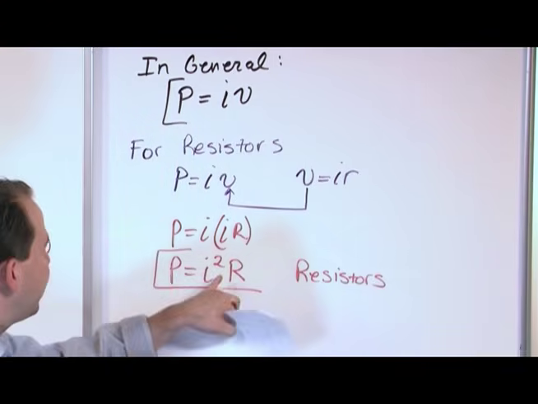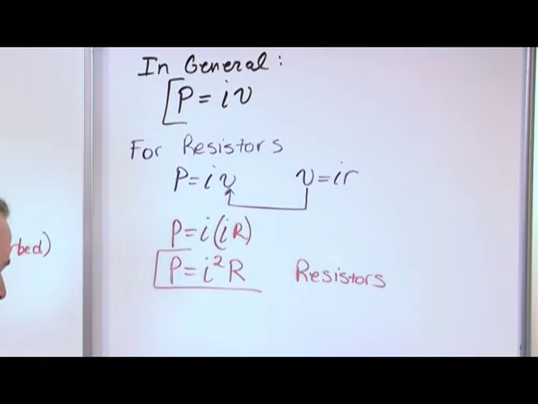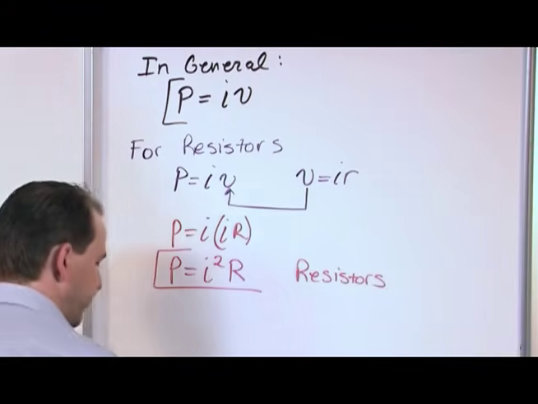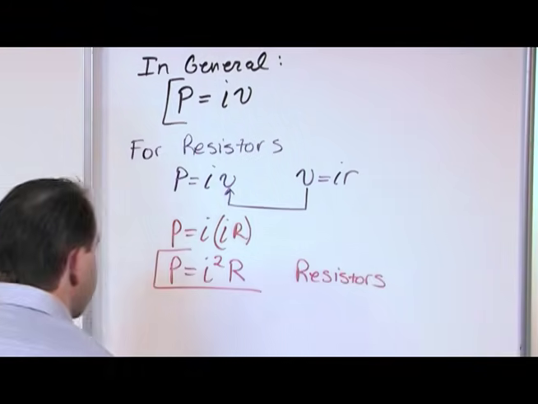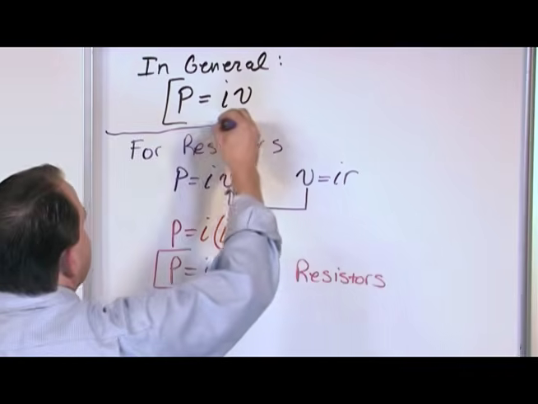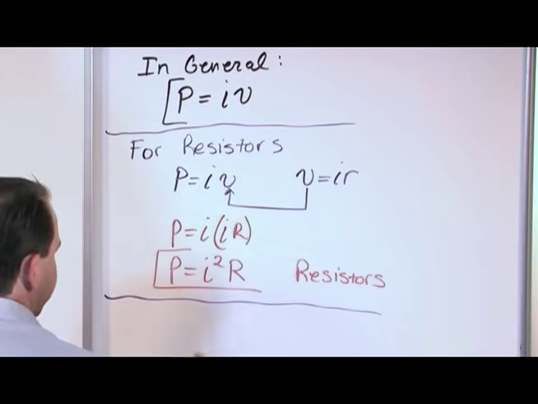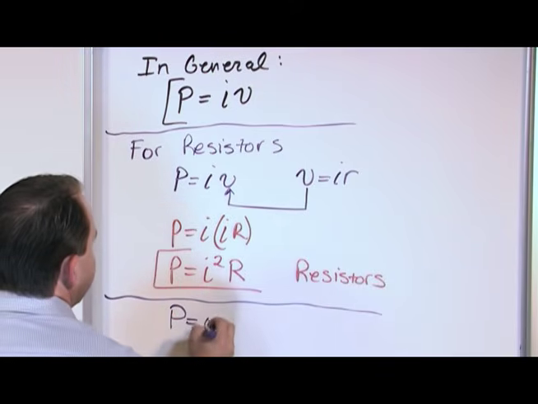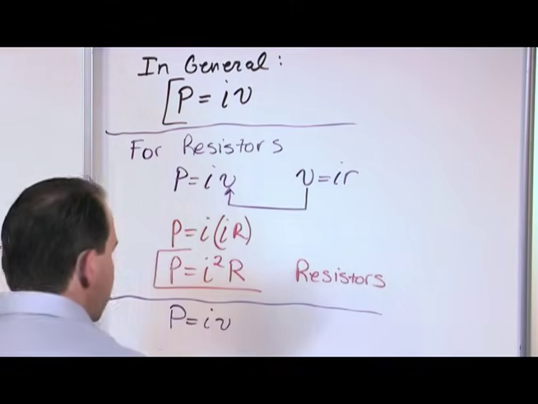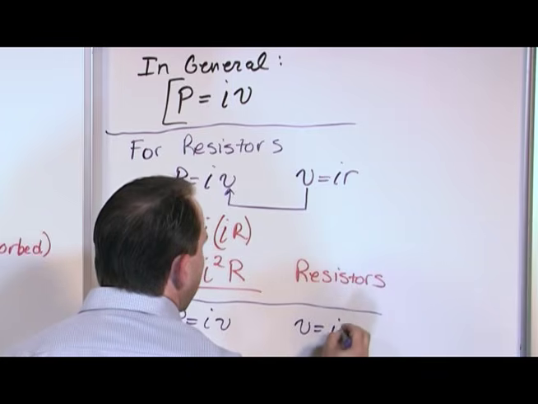Now, I'm going to come back to it in just a second. Let me derive something else, and we'll come back and talk about how this makes total sense. Let me draw a little squiggly line here to separate that. Also for resistors, we have something else. P is equal to IV, obviously holds. We also know that V is equal to IR, holds.